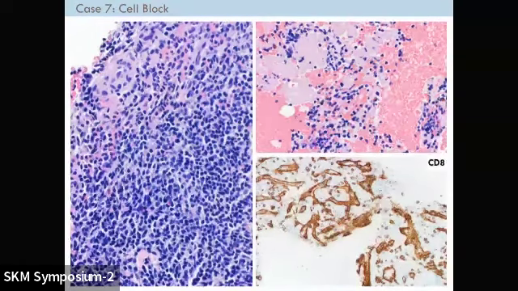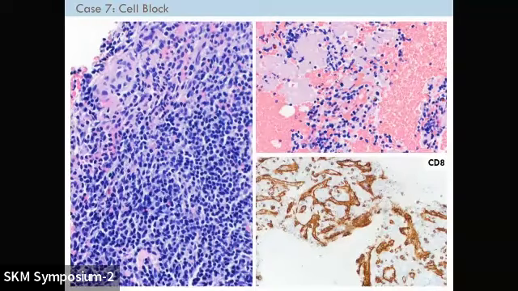It also shows several clues that you should always keep in mind when you're dealing with this entity. Otherwise, you will miss it. On the cell block, two different zones were seen. This is the zone composed of back-to-back lymphocytes with some delicate blood vessels.